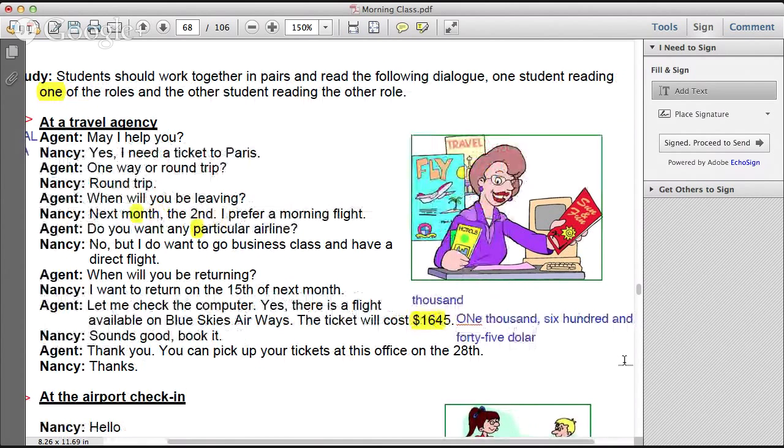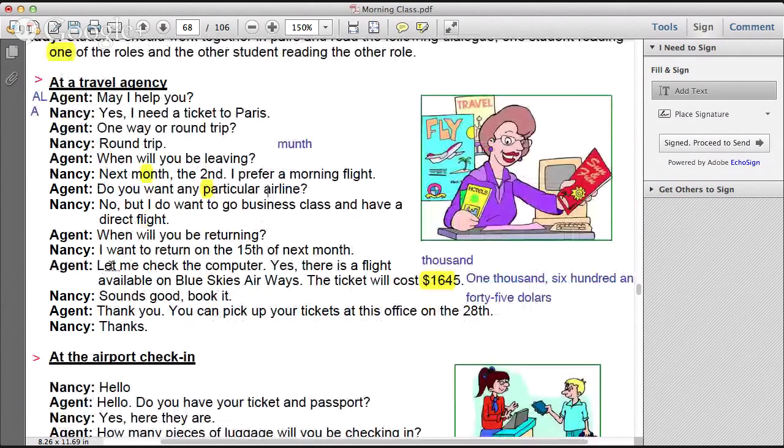At the very tail end we say dollars. $1,645. There you go. Good. Now, Ali, this word here is pronounced particular. Particular. Okay, much better. And Amparo, the word here, instead of month, give me an th sound. Month. Good, just like that. Awesome. Nice job, you guys.